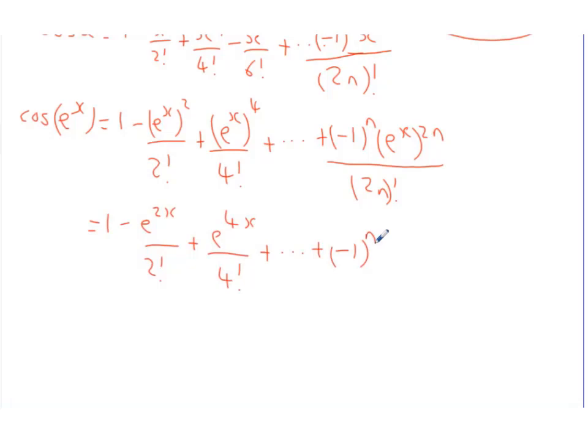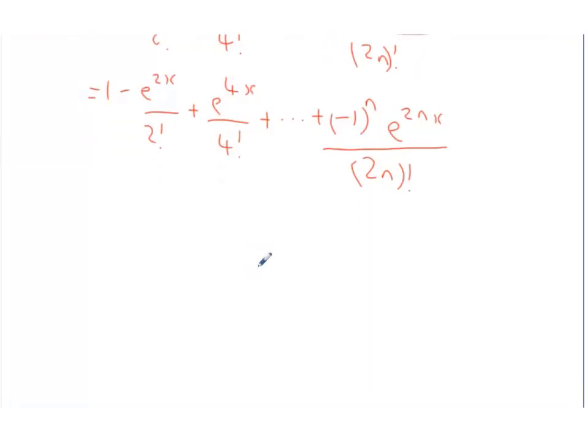This is going to get a little bit complicated. It's going to be e to the 2nx over 2n factorial, right? So that's going to get a bit messy, but we don't have to go far with it. We just need a couple of terms.